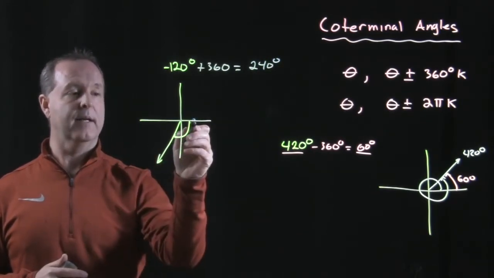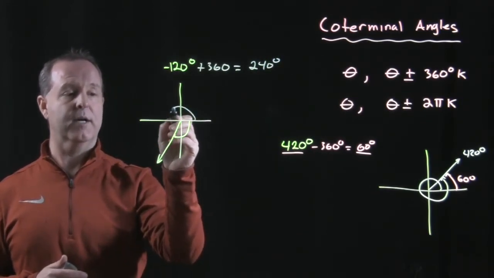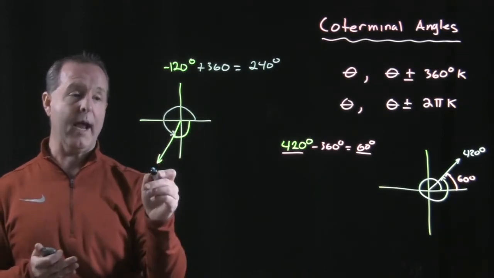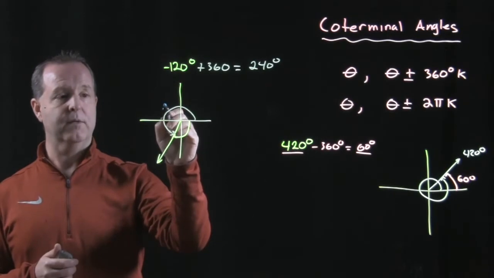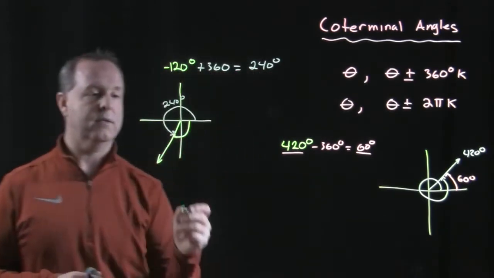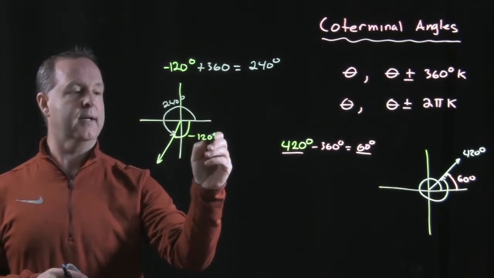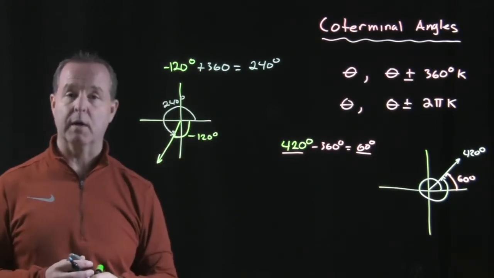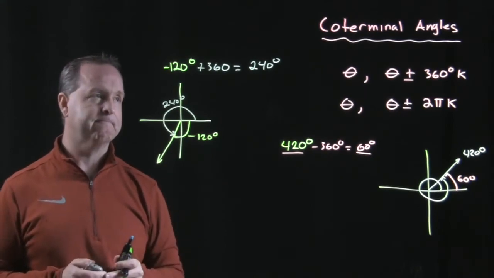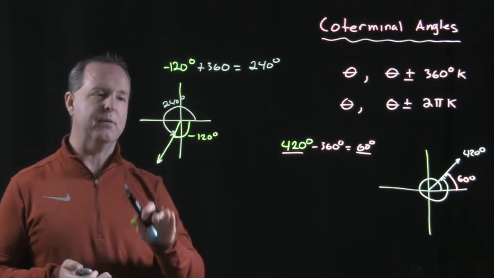And that's in the positive direction, so we'll go this direction down to there. And again, we see we get to the same ray, but the positive route was 240 degrees. The negative route was negative 120 degrees, and both of those are coterminal angles because their landing points are at the same position.